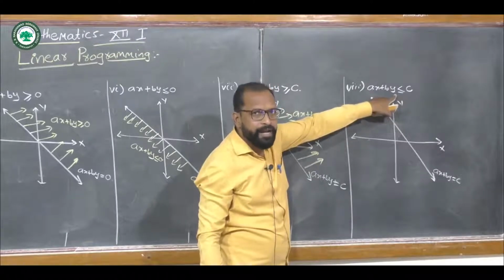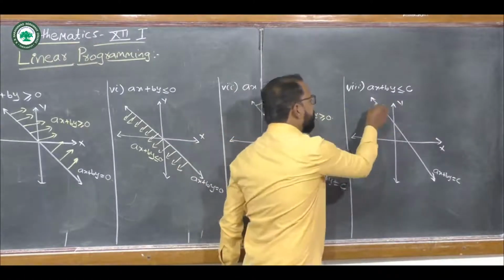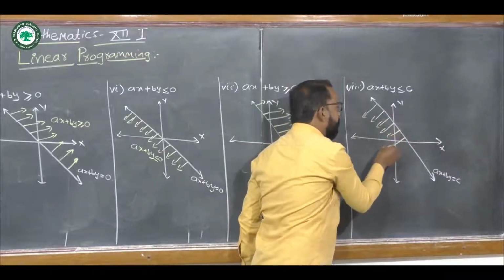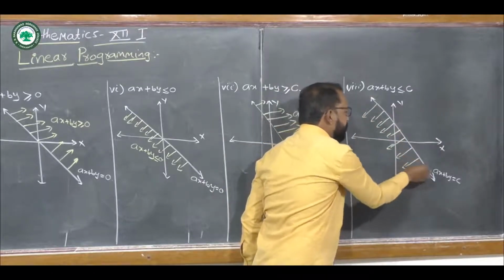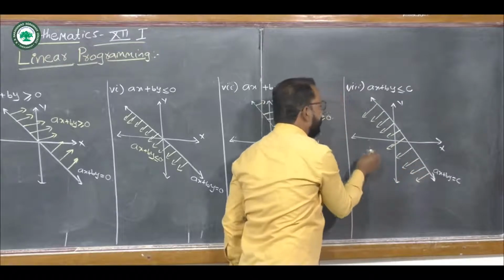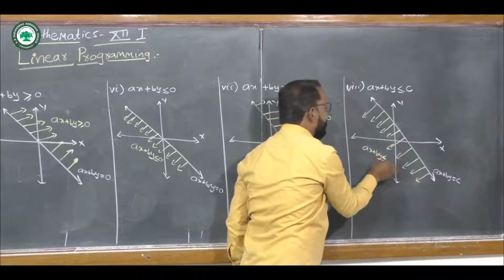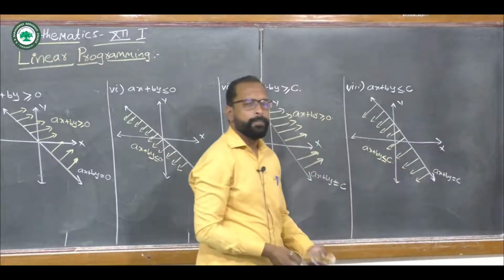Since it is less than, again we consider a region below the line. So this is the region for ax plus by less than or equal to c.